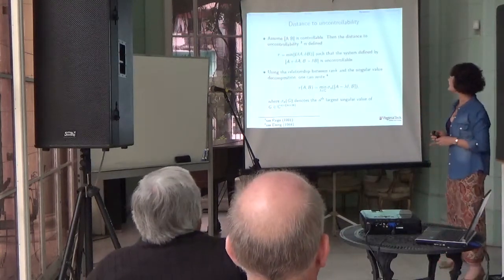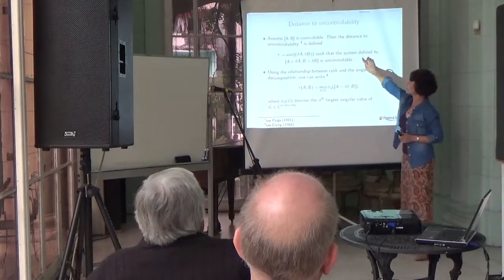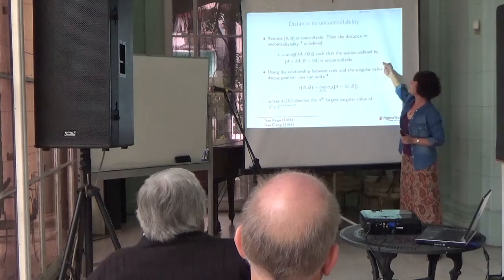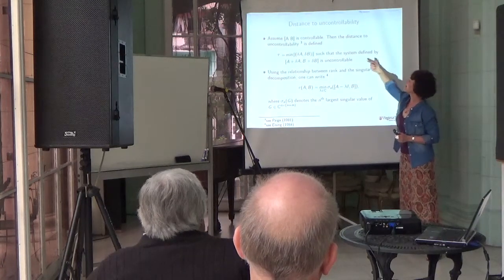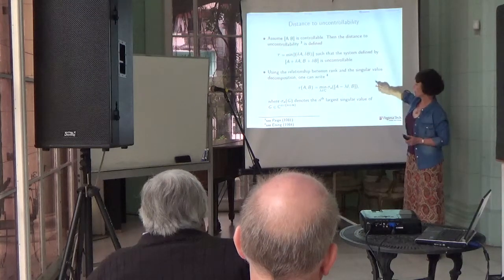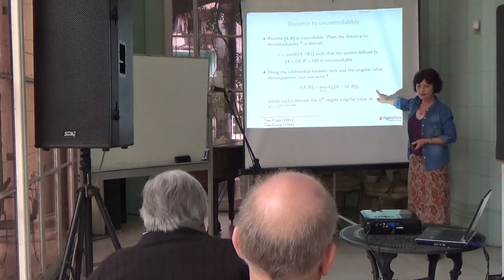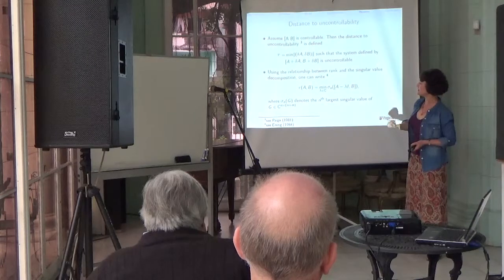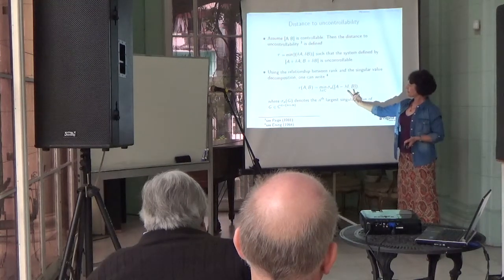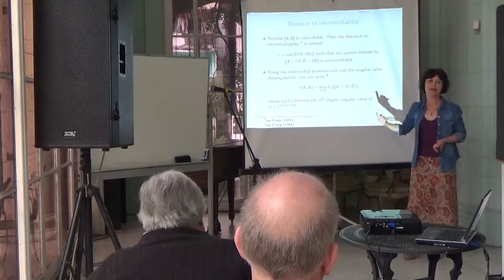So it's a sensitivity kind of idea. This definition says the minimum perturbation so that the controllable system becomes uncontrollable. Now this is not very useful for calculations, so there is a singular value representation of it that says the minimum singular value of this matrix over all complex numbers lambda.